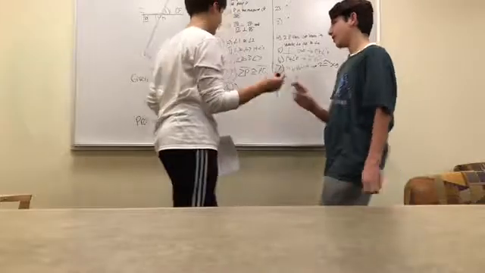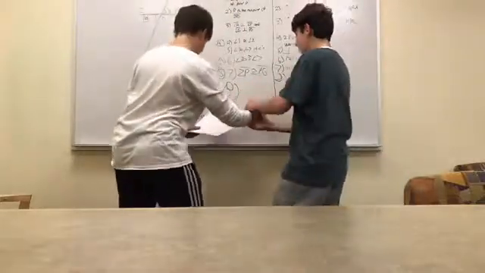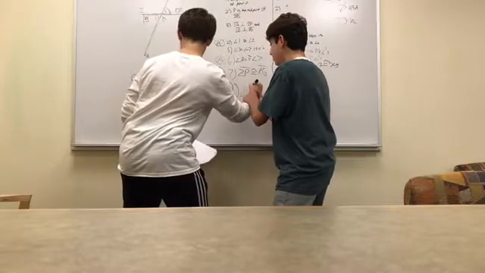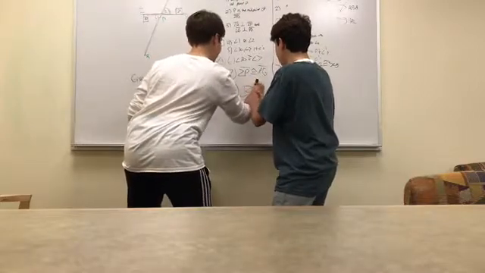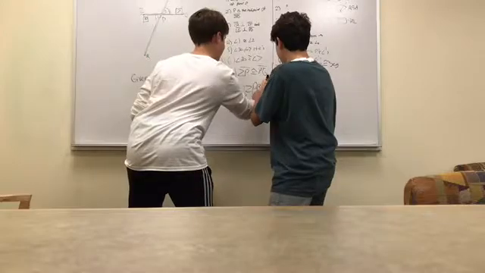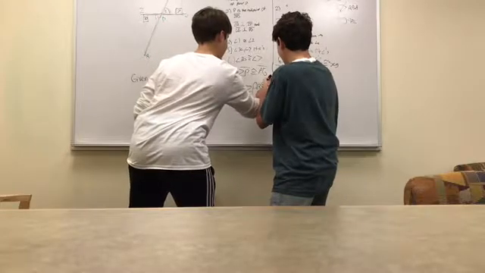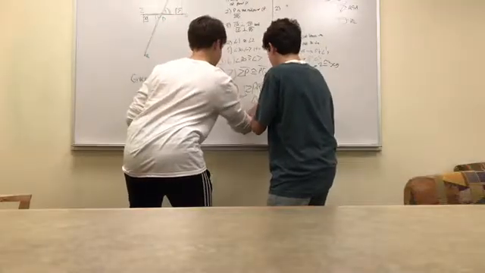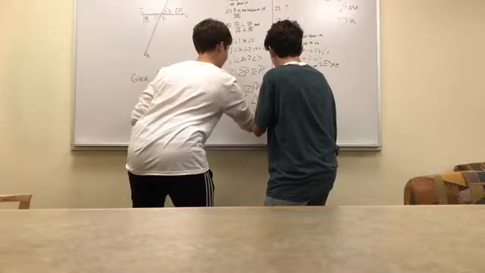Now we're going to write it together because we're going to finish it off. Step 8. Triangle ZPR is congruent to triangle GPL.